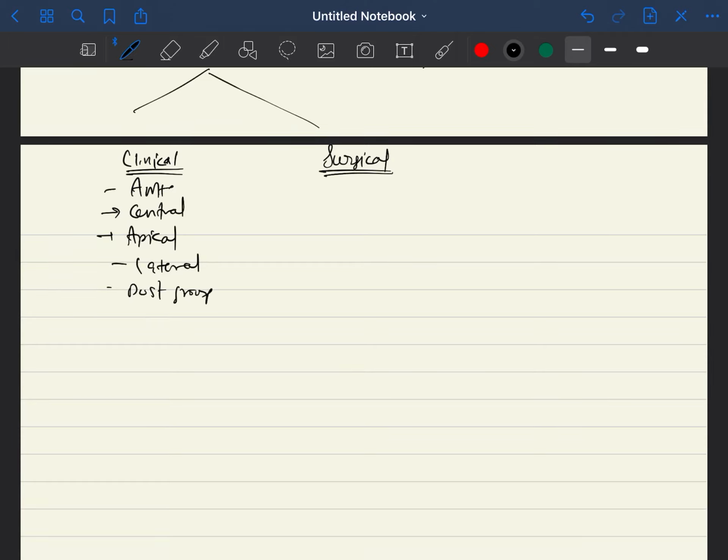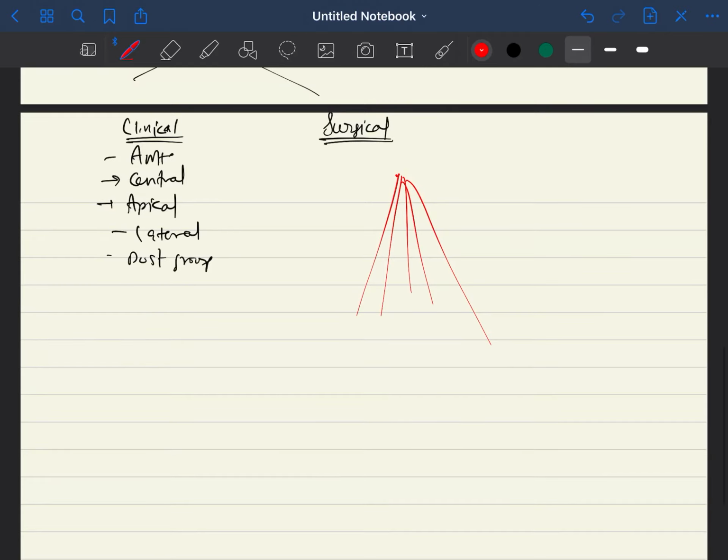In the surgical division, the basic thing you should understand is that the lymph nodes are divided by the pectoralis minor muscle. So here is the pectoralis minor muscle. The lymph nodes lateral to the pectoralis minor muscle are level 1.